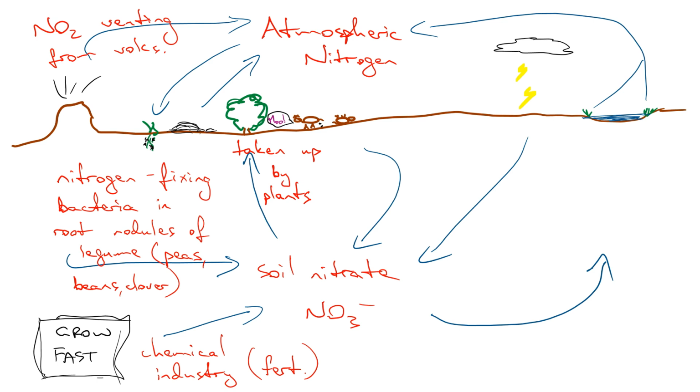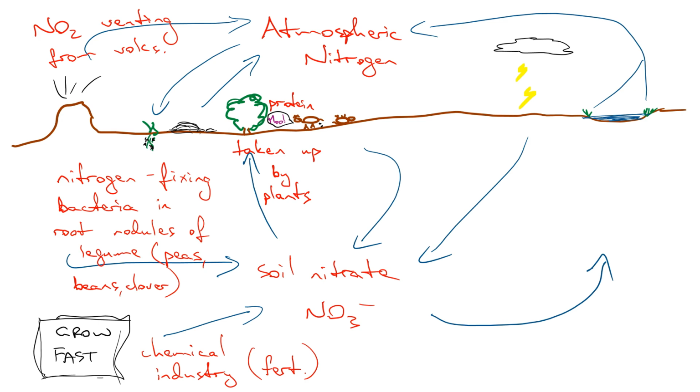Animals get their nitrogen by eating the plants. So we've now got it in plants and animals, in things like protein. Nitrogen is a very important element for making biomolecules like proteins.